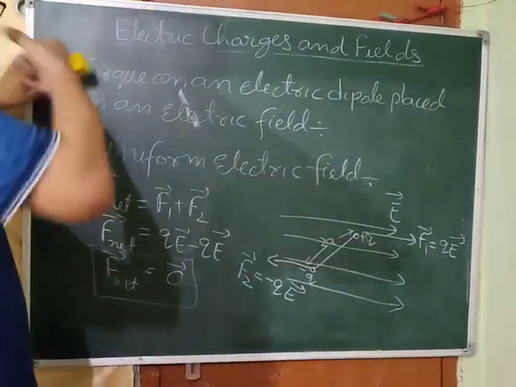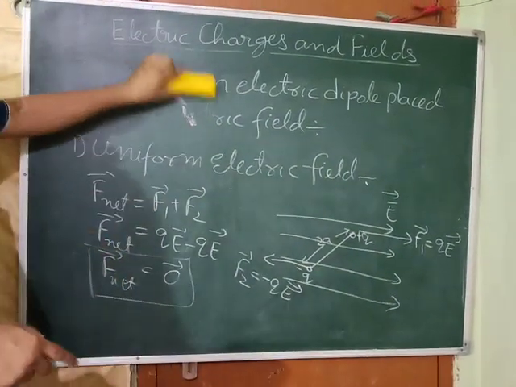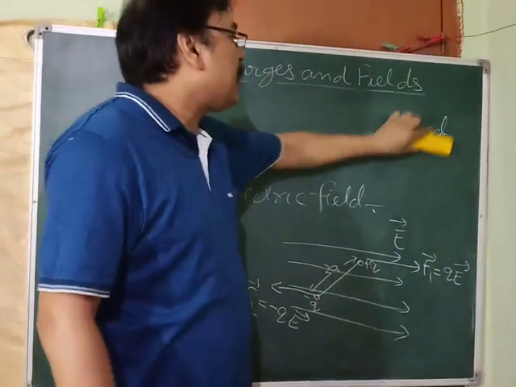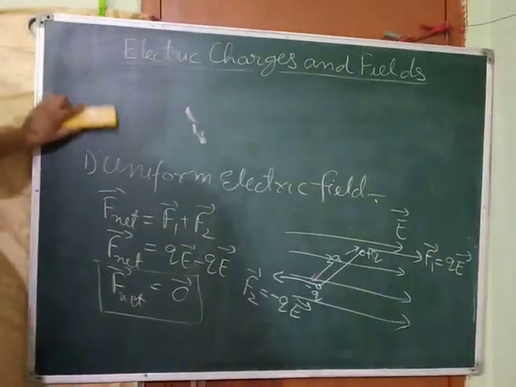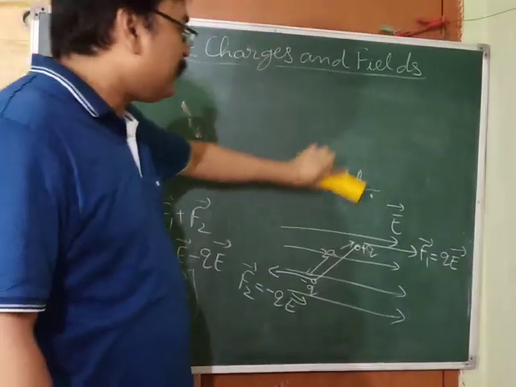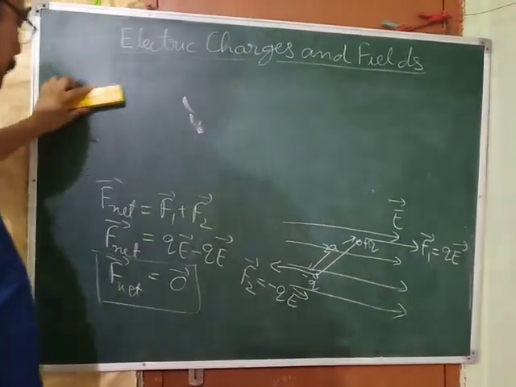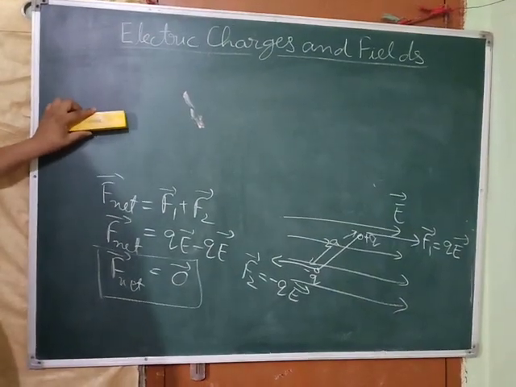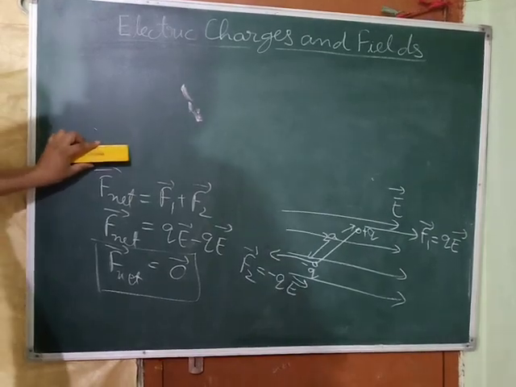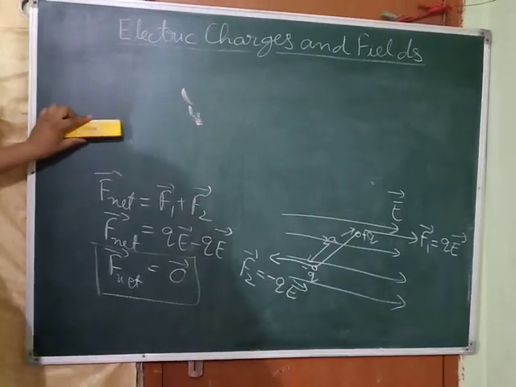Equal forces are acting in opposite directions, and when equal forces act in opposite directions and their lines of action are not the same, they constitute a couple, and due to that couple a torque is produced.